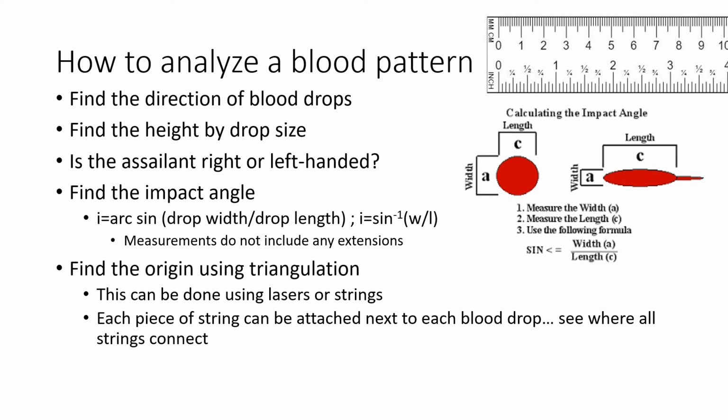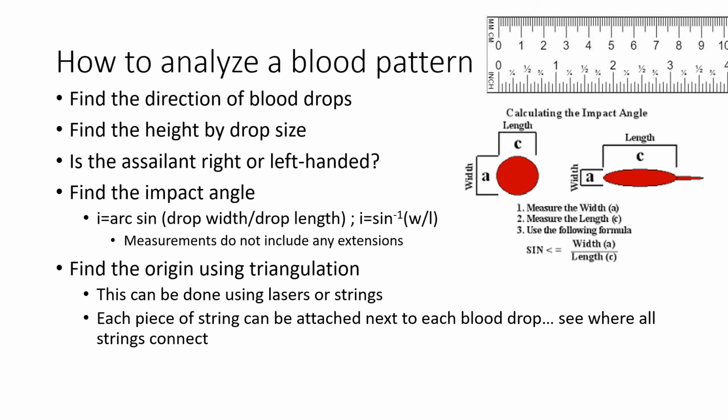One of the things that we are going to do with a lot of these is to find the impact angle. This is going to give us an idea of, in that three-dimensional space, where the blood drop came from. And we actually have to calculate this.